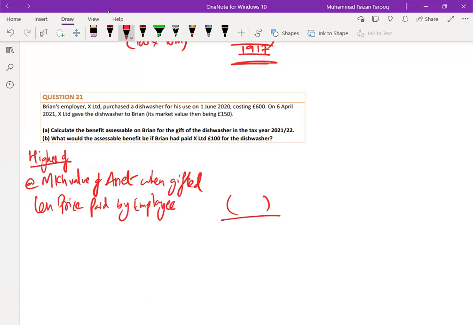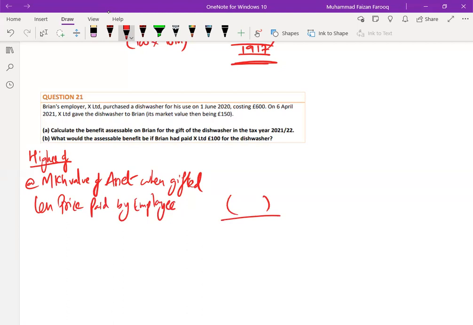We know car is an asset, accommodation is an asset, mobile phone is an asset, but we already learned their specific workings. Gift of asset means an asset for which we didn't learn any specific working. These are individual assets. So for dishwasher, we never learned any specific working, so it will be categorized under the head of use of asset or gift of asset.